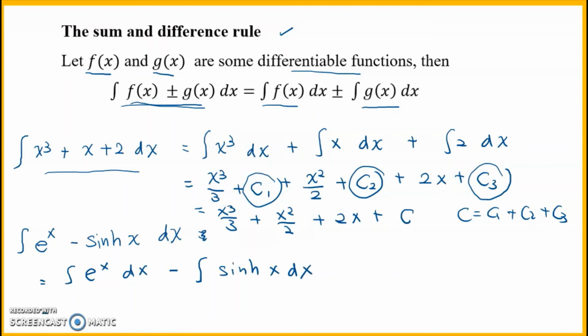So the first part, integrate e to the x, I have e to the x, and integrate sin x, I have negative cos x. And then finally plus a c. This c actually comes from the constants here. There should be a constant c1 and another constant c2 here. And finally, I write them as a constant c.